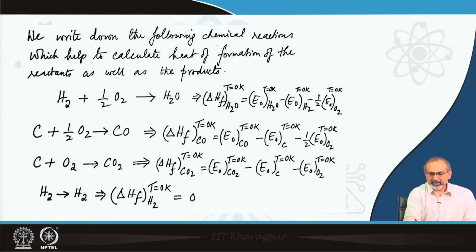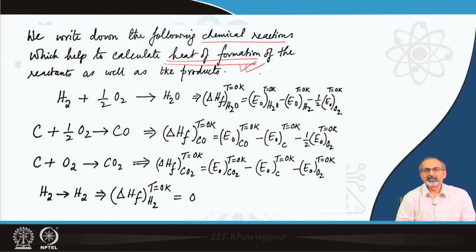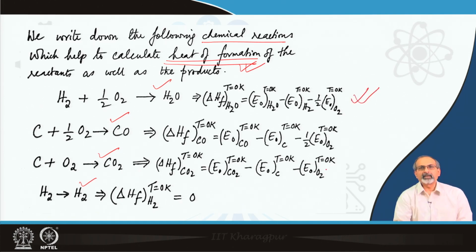We write down the chemical reactions which help to calculate the heat of formation. Remember that for the heat of formation, each one of the species have to be formed from its stable elements. So, starting from water to carbon monoxide, carbon dioxide, we have to for each one of those species write down the relevant chemical reactions. It so happens that for water we had already seen how the equation looks like, that means how the heat of formation is worked out.